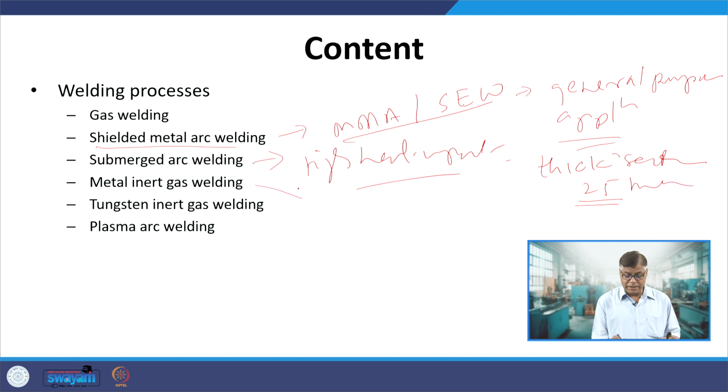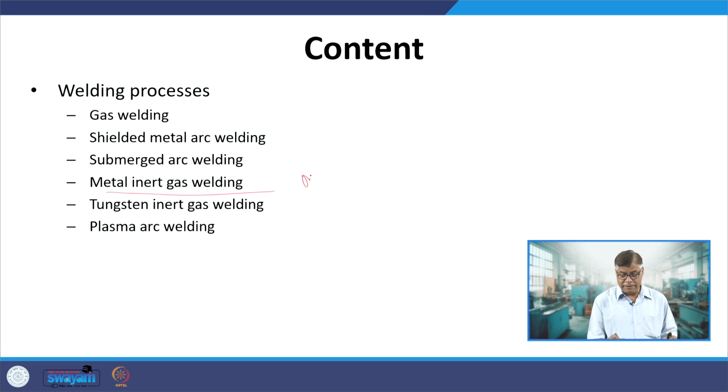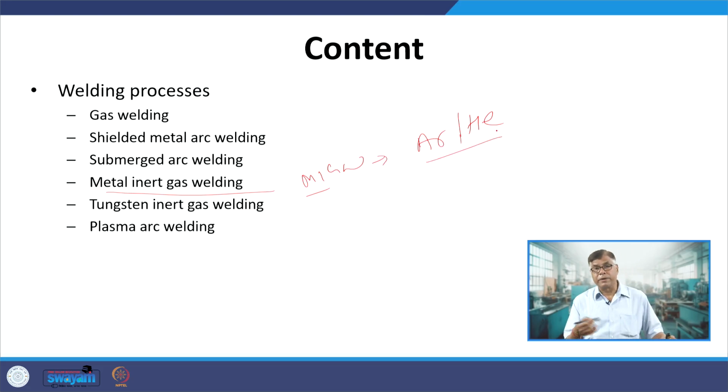Metal inert gas comes in two variants. In the case of metal inert gas MIG welding, this primarily uses inert gases like argon or helium for protecting the weld pool from the atmospheric gases. So, it is a very good process for commercial applications where we want reasonably good weld joints at low cost.